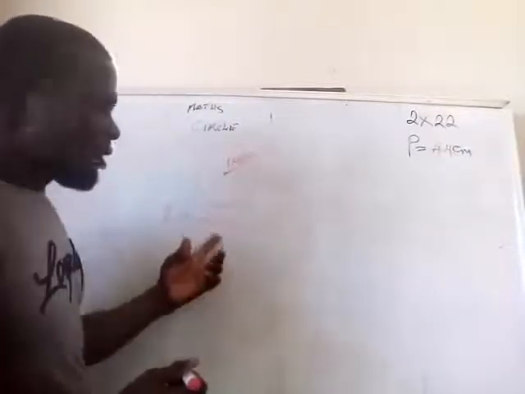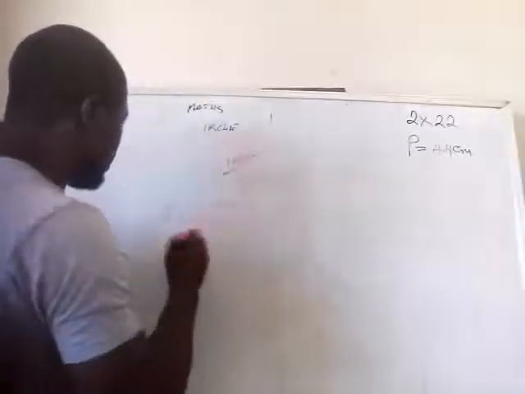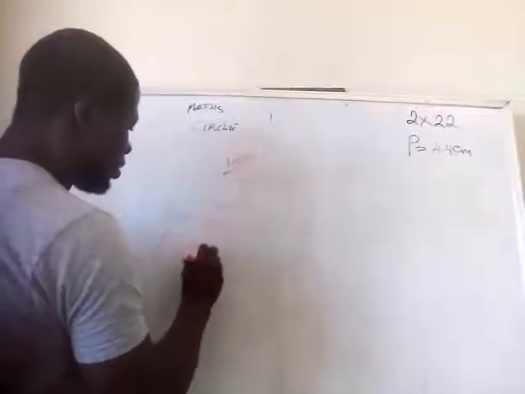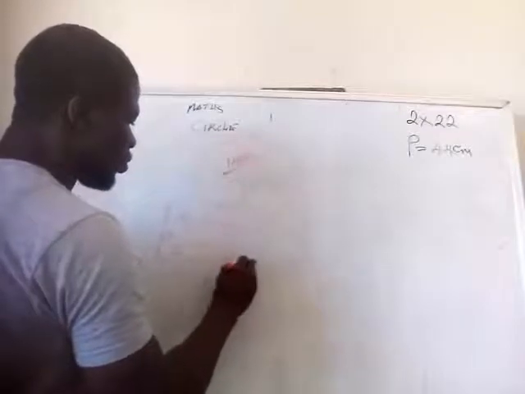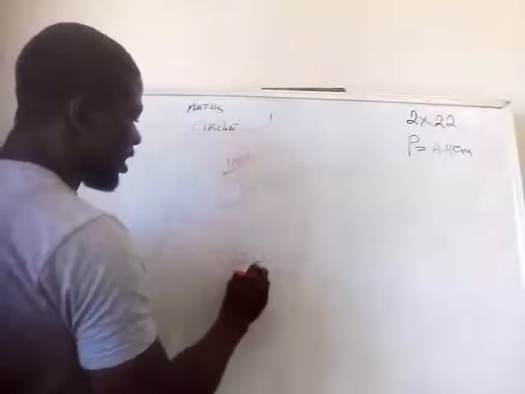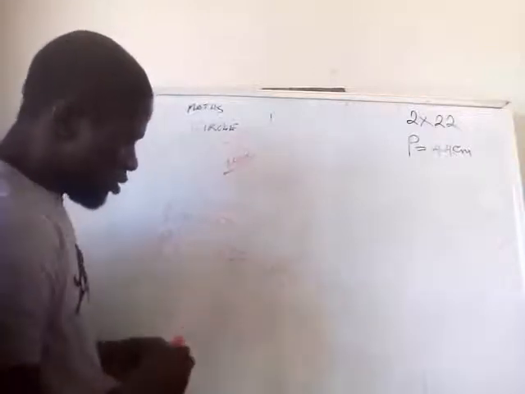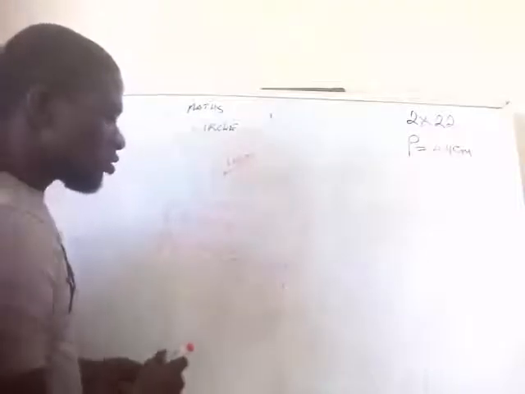I told you earlier that the value of pi is 22/7. So you have P equal 2 times 22/7 times 14/1. So the next thing we do is you cancel.